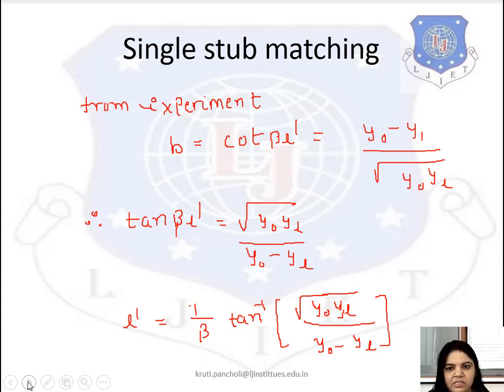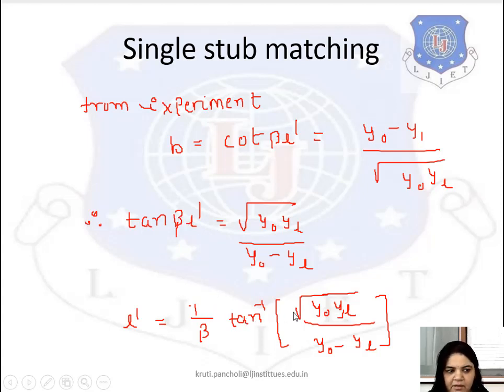So my B value is (Y0 - YL)/√(Y0 YL). What is the cot? It is 1/tan. So tan βL' = √(Y0 YL)/(Y0 - YL). Therefore L' = (1/β) tan⁻¹ √(Y0 YL)/(Y0 - YL).